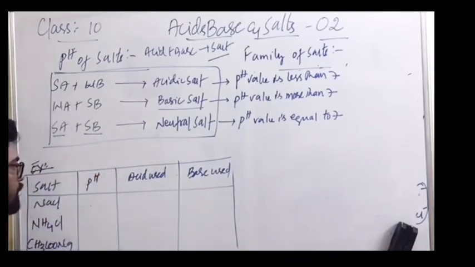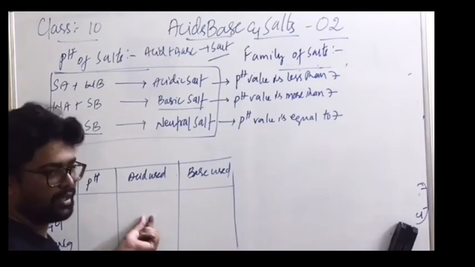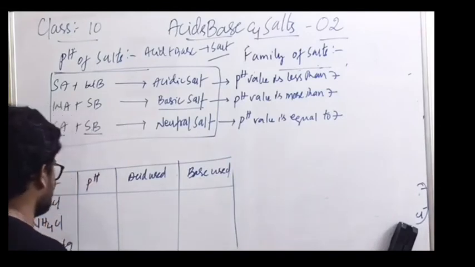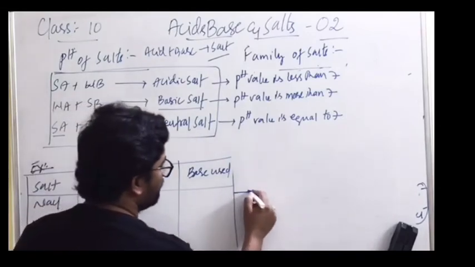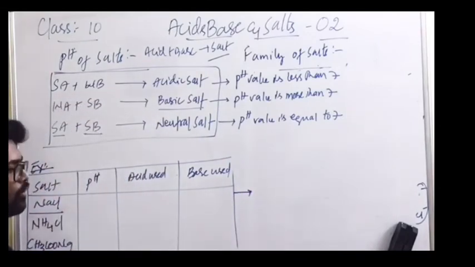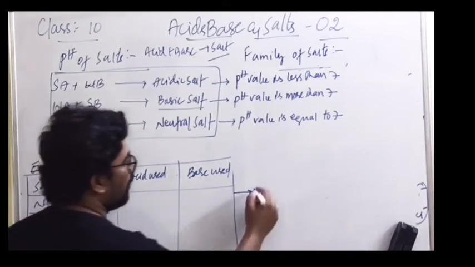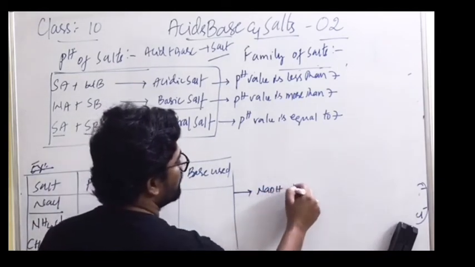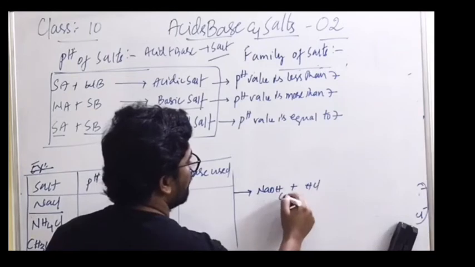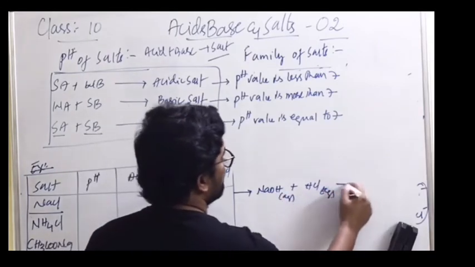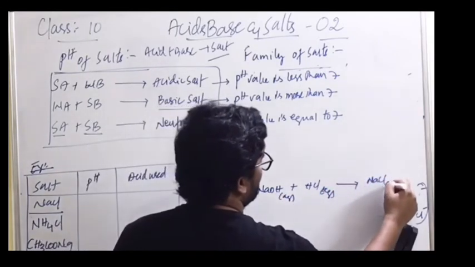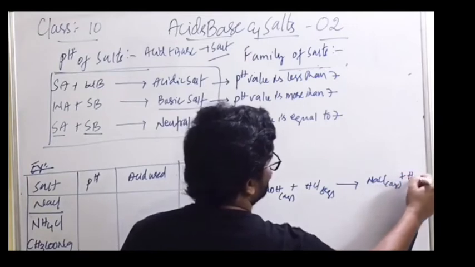So here let us try to fill this table example. Three salts are given, so you have to find the pH of these salts and identify which acid and base are used. Now sodium chloride is obtained on reaction of NaOH and HCl. On reaction of NaOH and HCl, we get NaCl plus H2O.